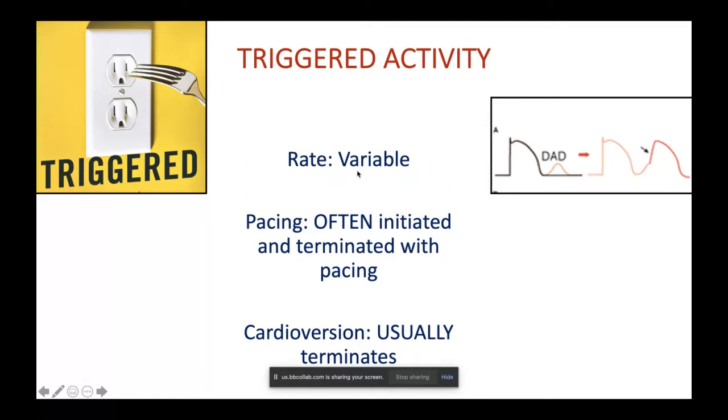So the rate is variable, and you can see there's a lot of hedging on this slide. With pacing, you can often initiate and terminate it, and cardioversion will usually terminate it. And again, you can have all of the tachycardias that we talked about, typically ectopic atrial tachycardias can have features of triggered activity. Okay.